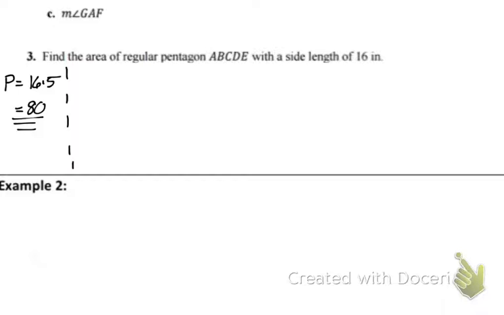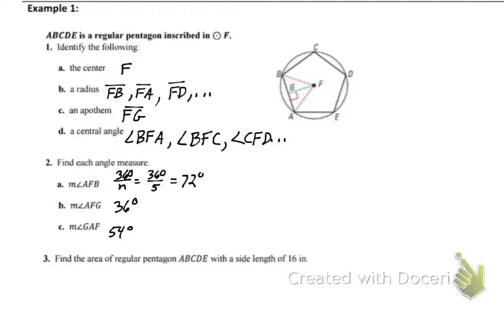So what we're going to do is draw that central angle. I'm pulling an angle out of that pentagon. This is just one of those triangles that are pulled out of it. Well, we said the central angle of a pentagon is 72 degrees. Each of these is 72 degrees.